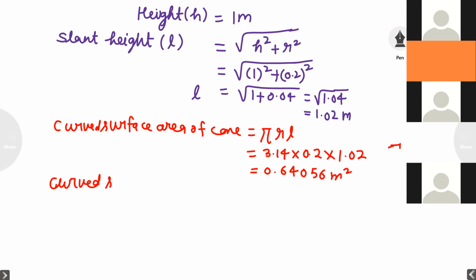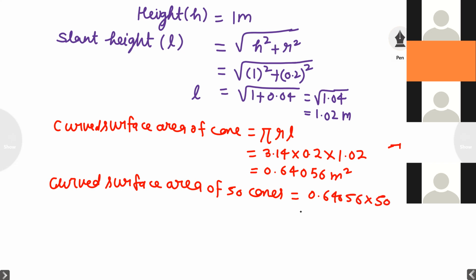Curved surface area of 50 cones is equal to 0.64056 into 50 is equal to 32.028 meter square.